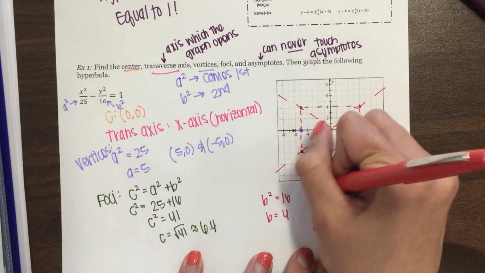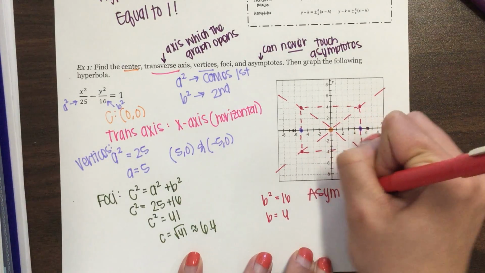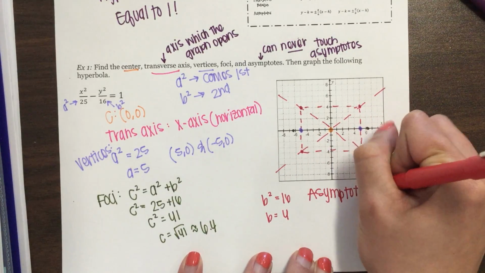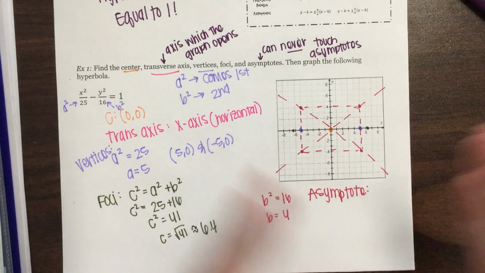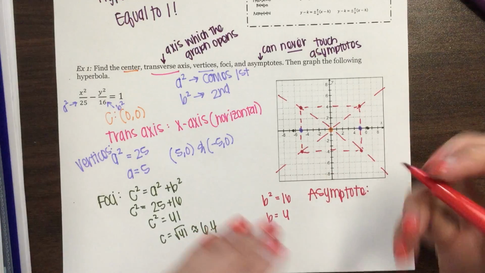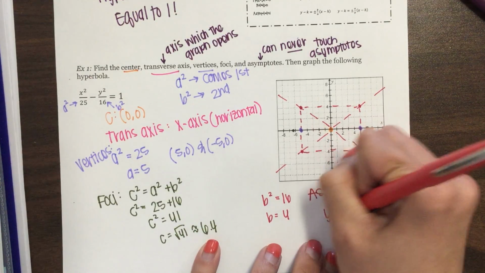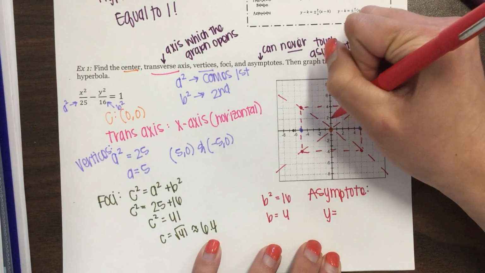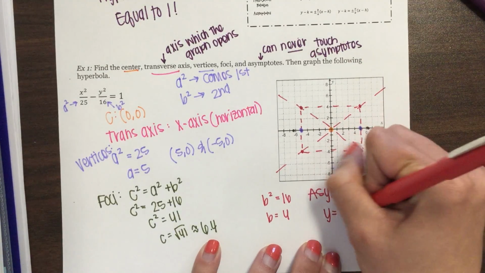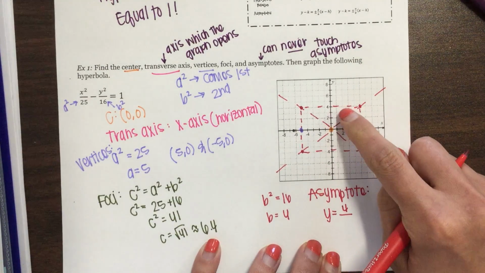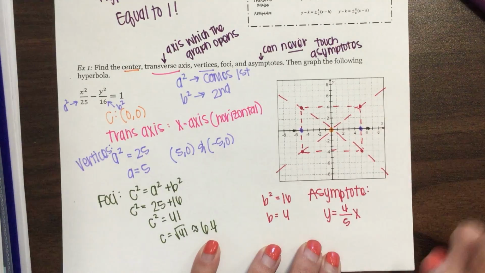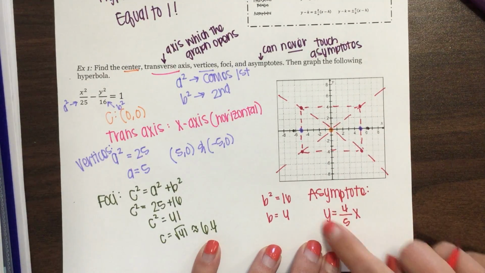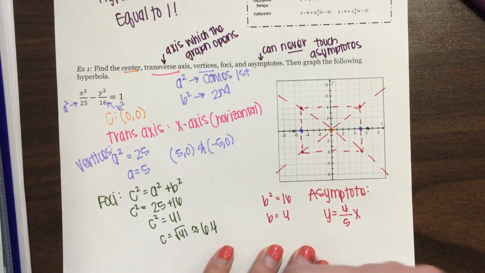My asymptote: we're at 0, 0, so we don't have to worry about shifting anything. It's going to be y equals rise, which is 4, over run, which is 5, times x. It's always the positive, and the same for the negative.